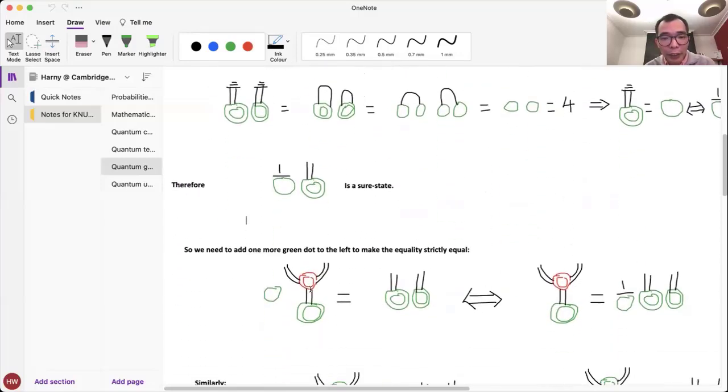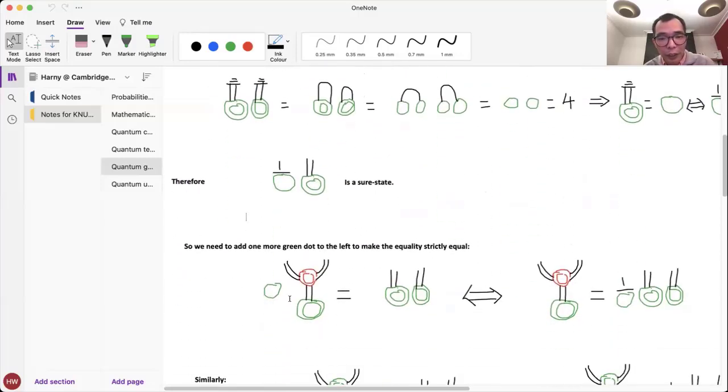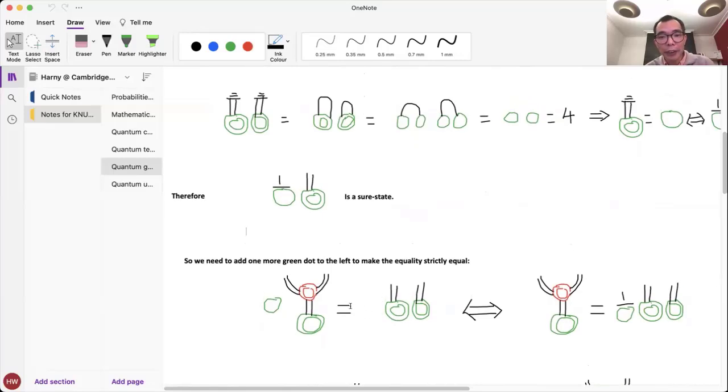If you do the discarding, here you will get 2. This number won't affect anything. You do the discarding, you get 2 times 2, and on the other side you get 4. So you will get the same scalar, the same number.